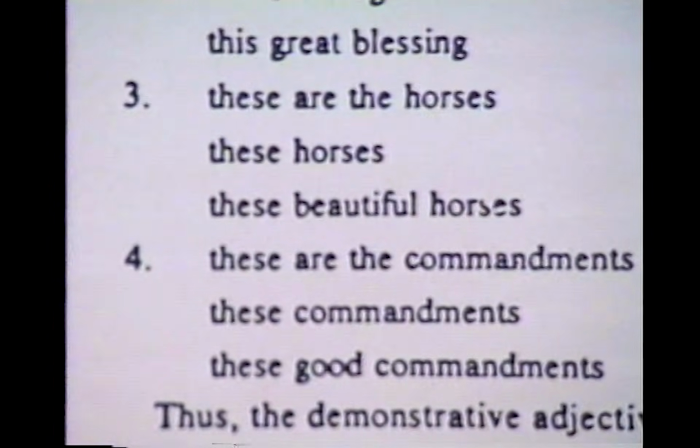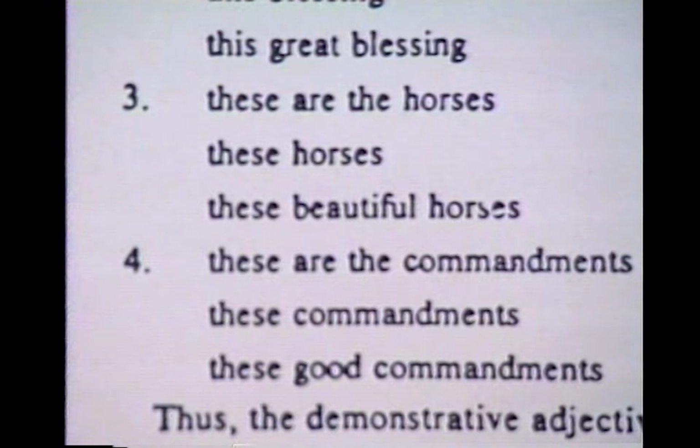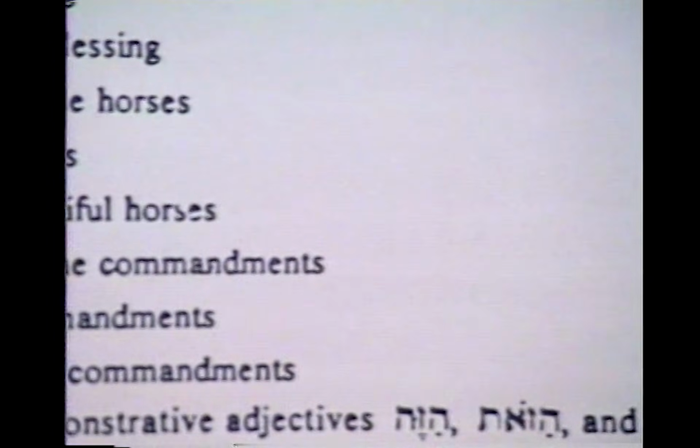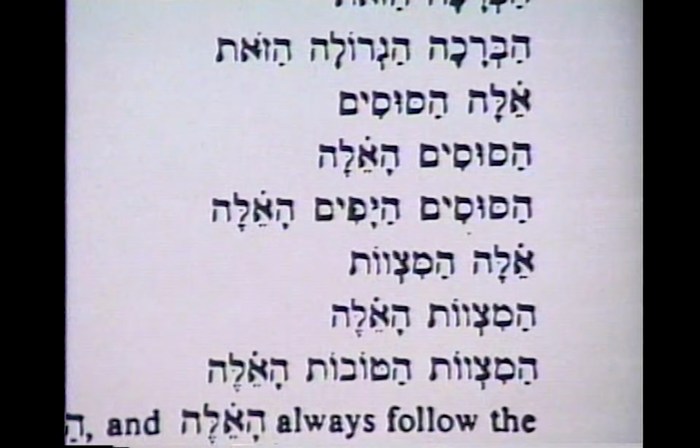These are the horses, these beautiful horses. All right, in Hebrew, these are the horses would be ele ha-susim. The next one down, to say these horses, we're talking specifically about a group of horses, therefore it would have the definite article.